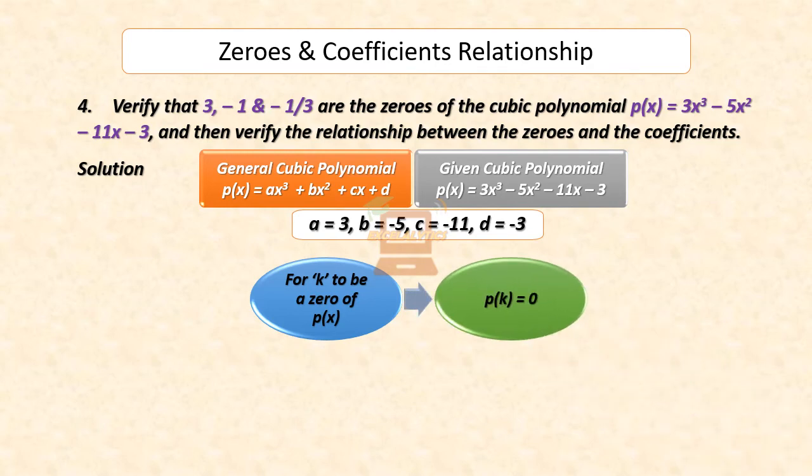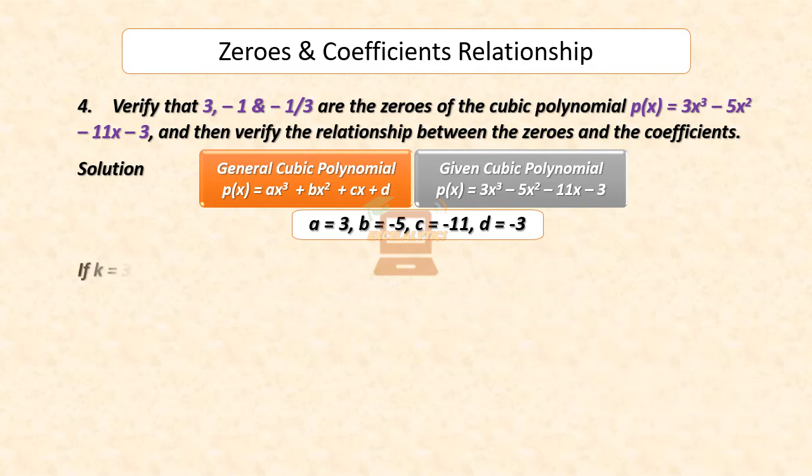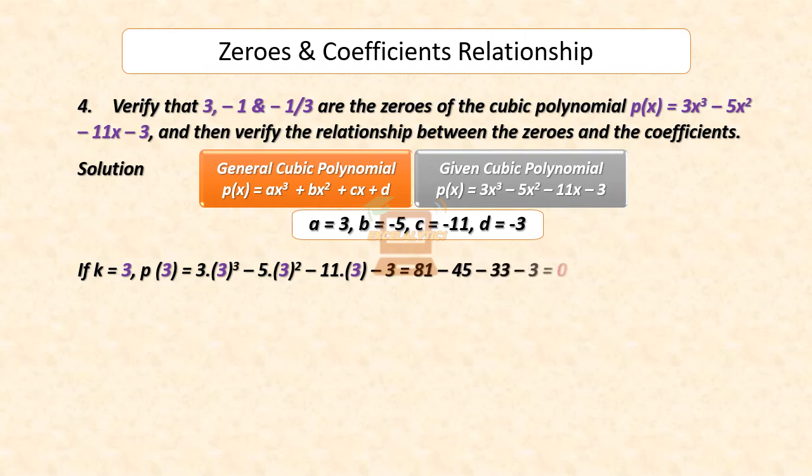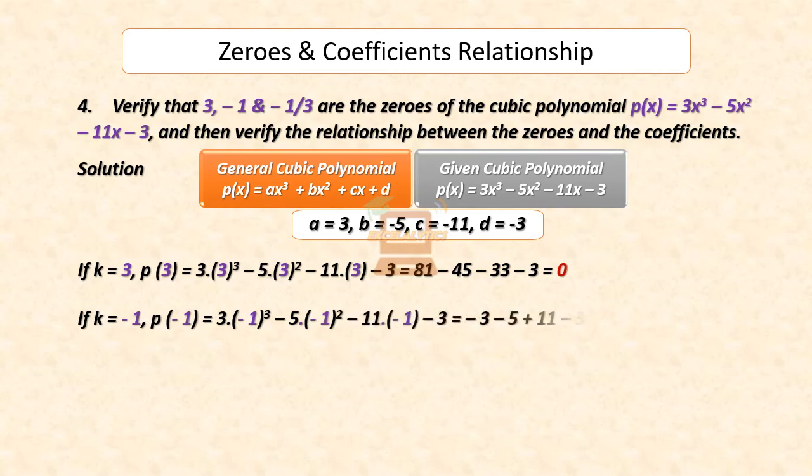So, if k is 3, p of 3 equals 3 times 3 cubed minus 5 times 3 squared, minus 11 times 3, minus 3 equals 81 minus 45 minus 33 minus 3, which is 0. When k is minus 1, p of minus 1 equals 3 times minus 1 cubed minus 5 times minus 1 squared, minus 11 times minus 1, minus 3 equals minus 3 minus 5 plus 11 minus 3, which is 0.